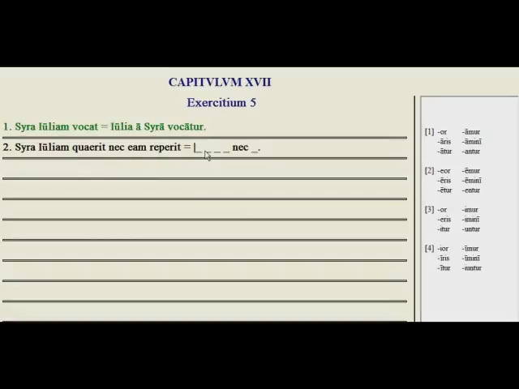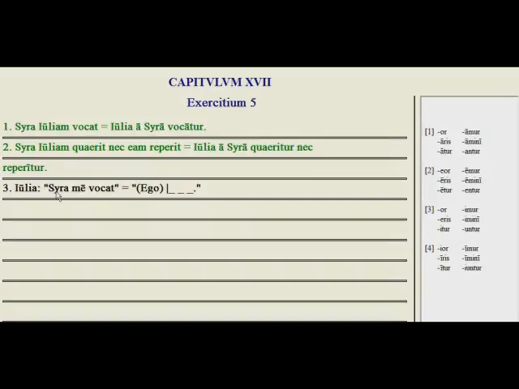So we want Julia, by Sira, ablative, and then is sought, quae, and we want the passive, quaero, quaeror, quaeris, quaeritur. Nec reperitur, from reperire. That would be in the fourth conjugation.